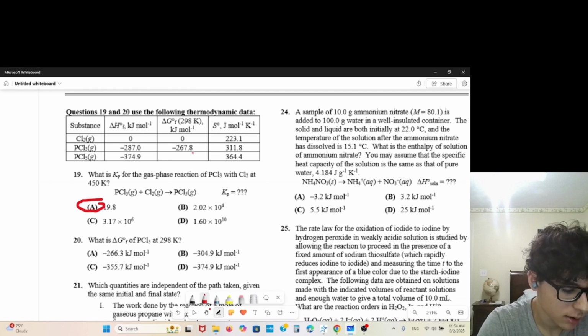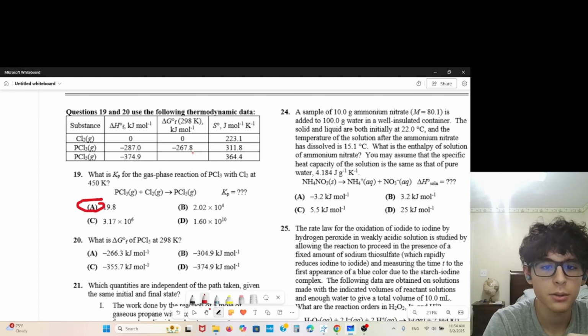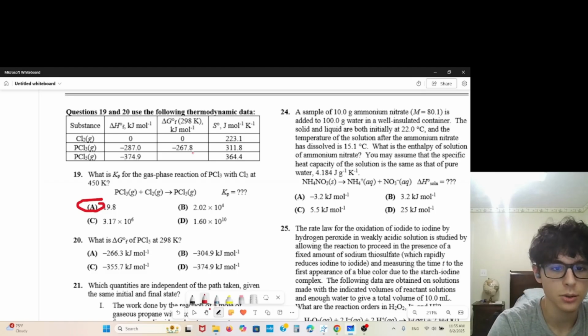Yeah. So with that information, we're going to want to do that is equal to PCl5 minus negative 267.8 kilojoules. Right? So that's going to be in joules. Okay. So plus 267.8 times 1,000.